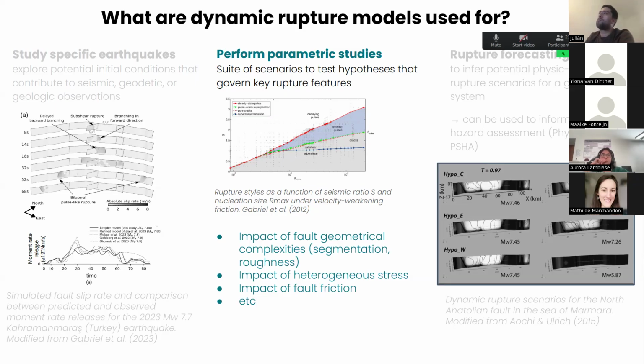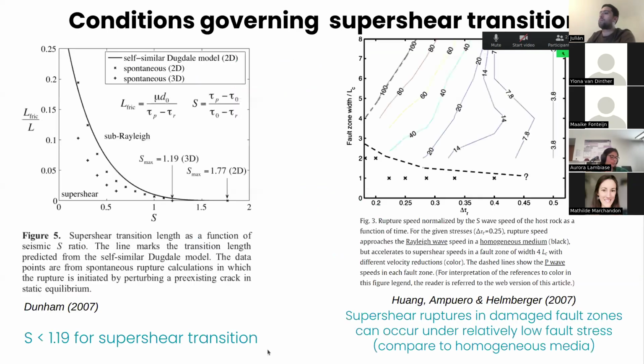For example, we can use this kind of study to evaluate the conditions that govern supershear rupture transition. Supershear rupture is when the rupture propagates at speeds higher than the shear wave velocity. It's important to understand under which conditions a supershear rupture can form, because this kind of rupture induces larger ground velocity and acceleration further away from the fault compared to subshear rupture.